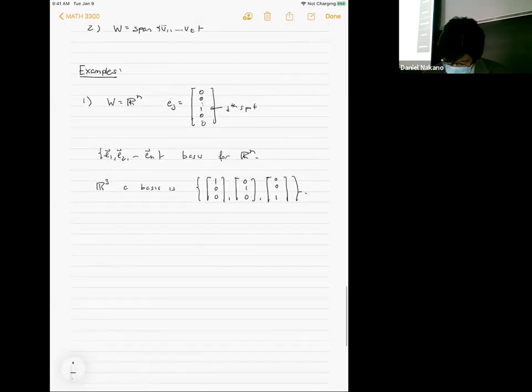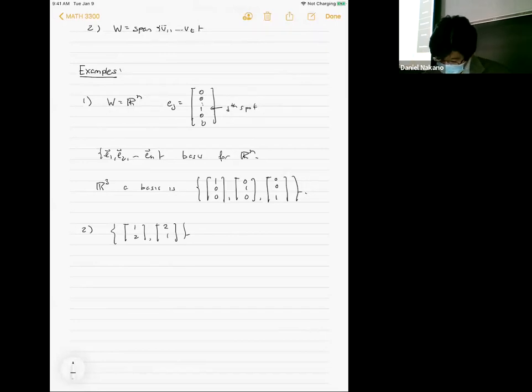So here's another example. This isn't the only basis for the space. If you take the vector 1, 2 and the vector 2, 1, okay, you can use Gaussian elimination and show that these are linearly independent, and you can show that they span R2.